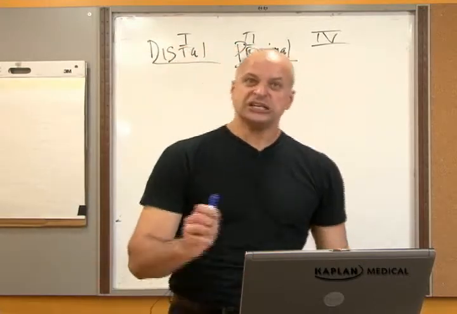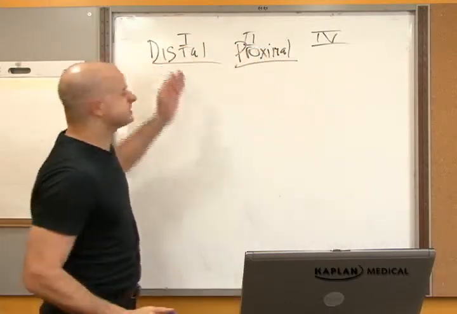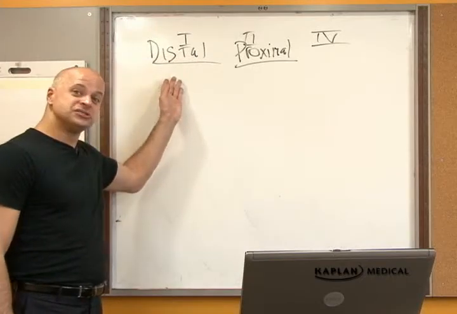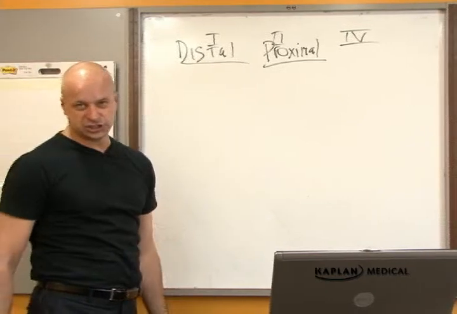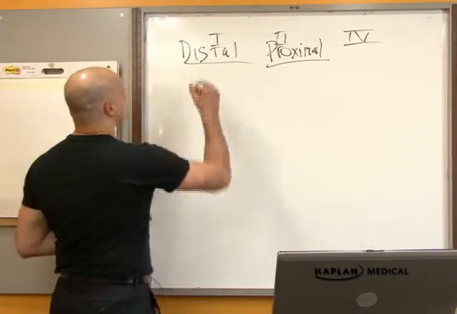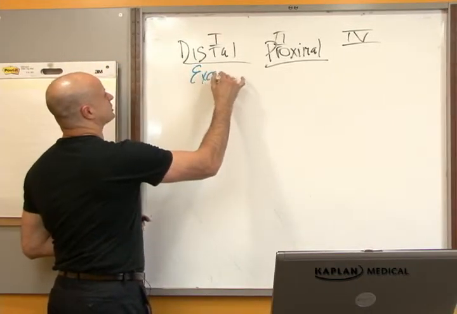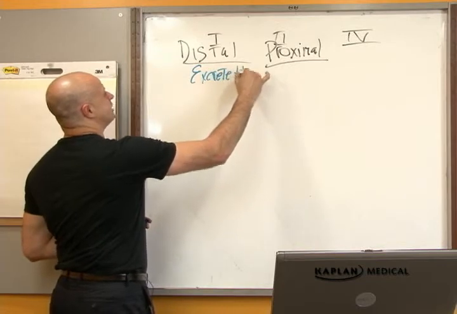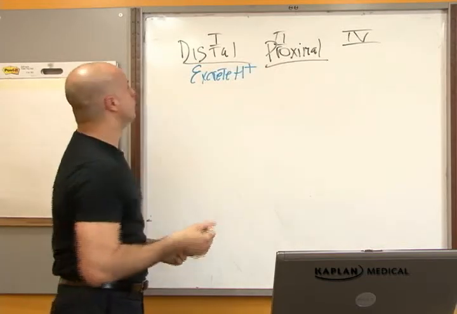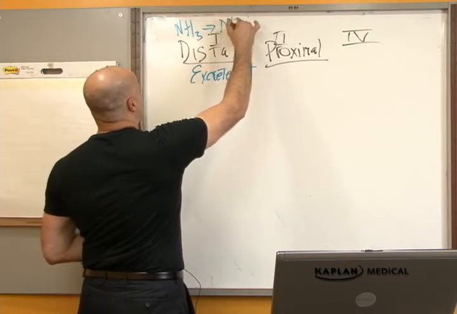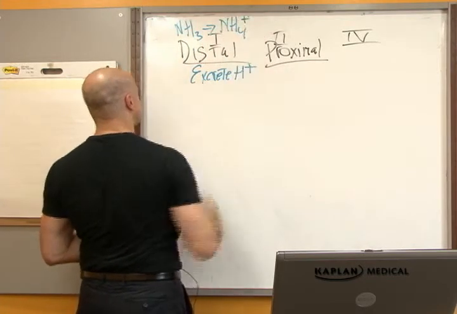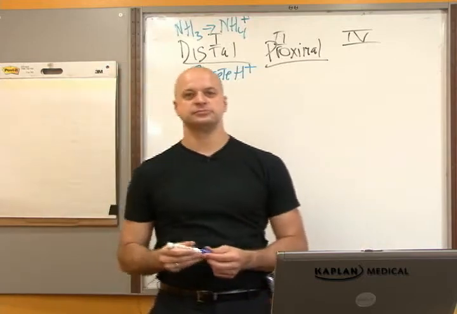So in terms of acid base in the distal tubule, what you normally do is you excrete acid, hydrogen ions. You bind them with ammonia to become ammonium and with phosphate.